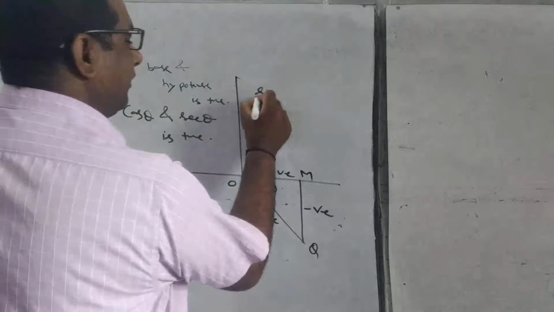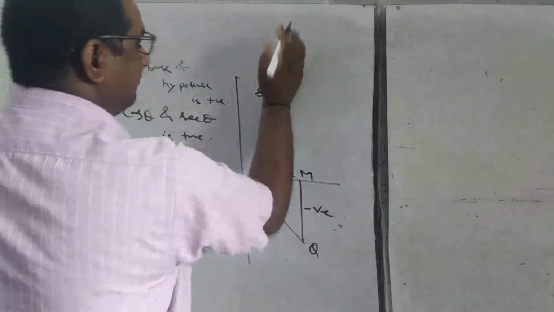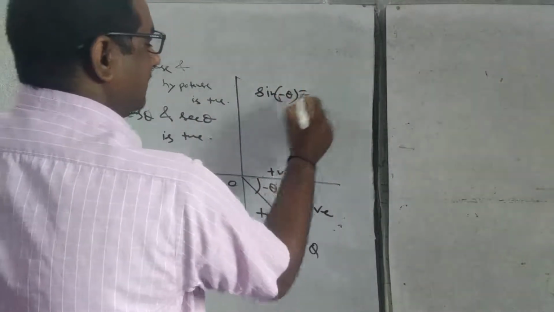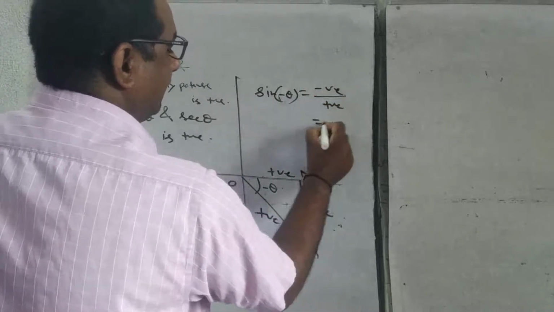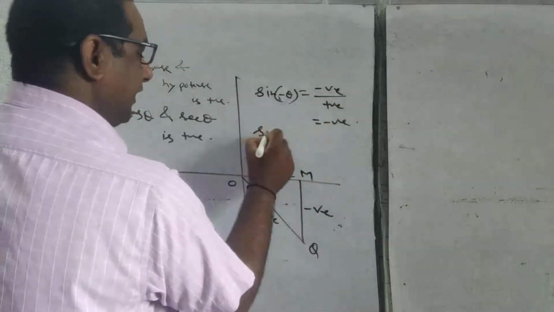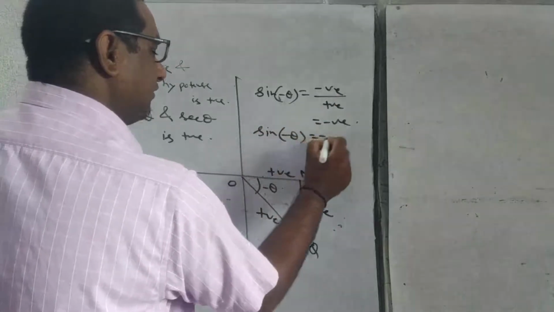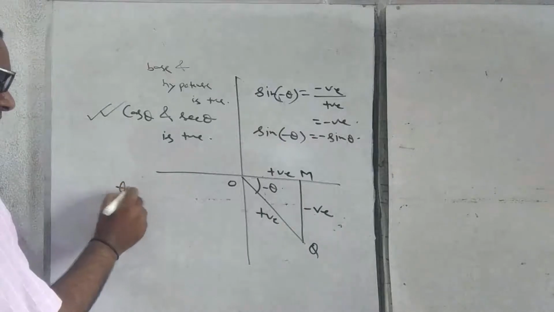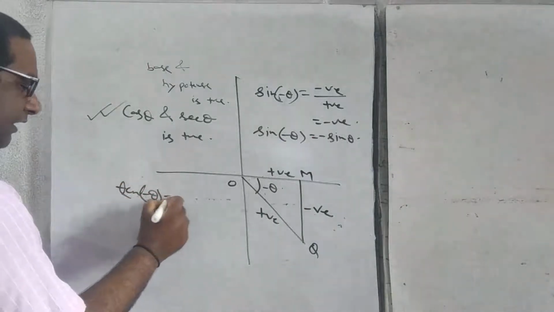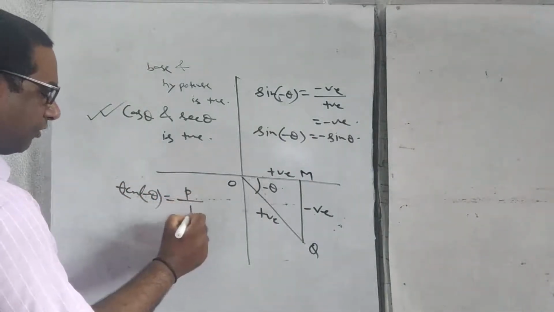If you write sine minus theta, it is negative upon positive, so it is negative. That's why sine minus theta is equal to minus sine theta. Similarly, for tan minus theta, it is perpendicular upon base.